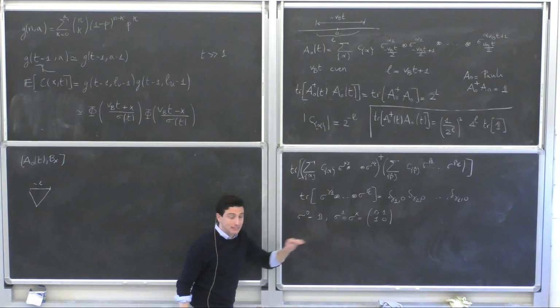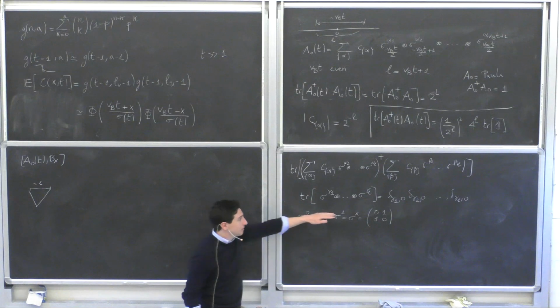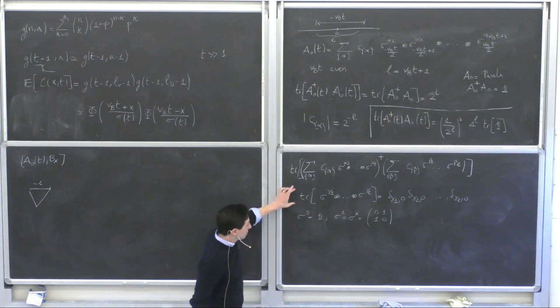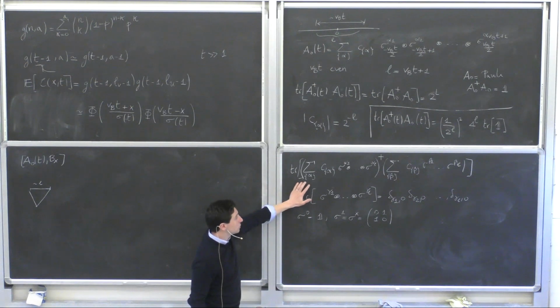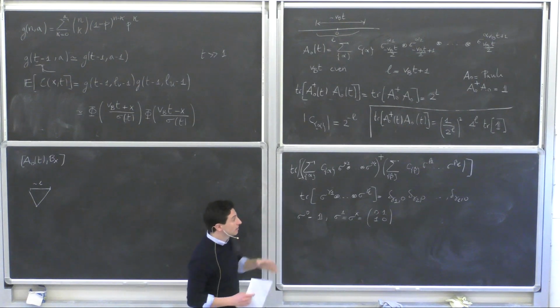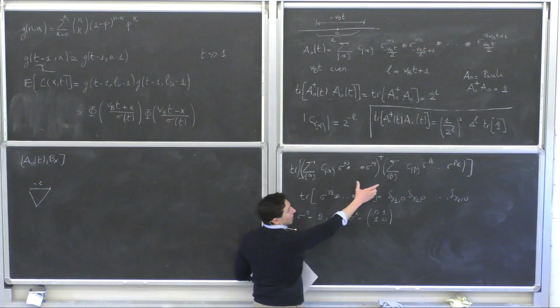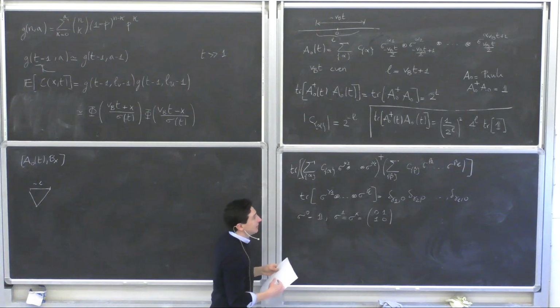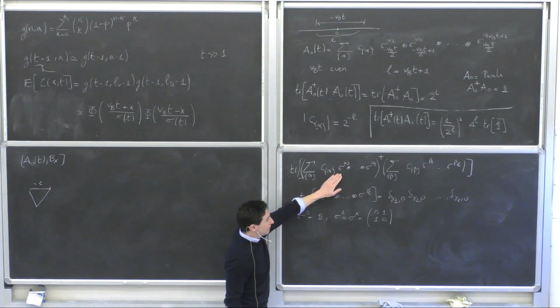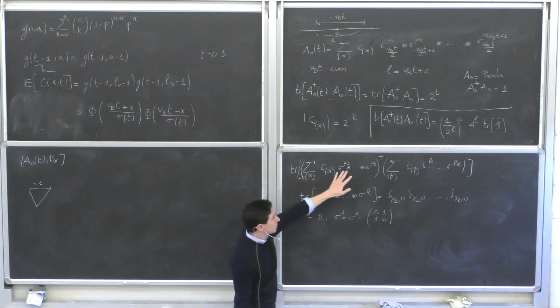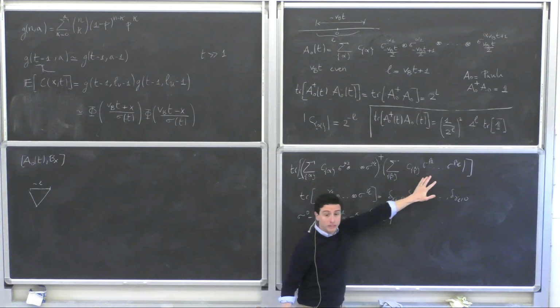The first one is the identity. Now using this formula, I want to expand this. I'm going to get a sum over 2 sets of strings, and the only ones which will not die are those where all the strings coincide.